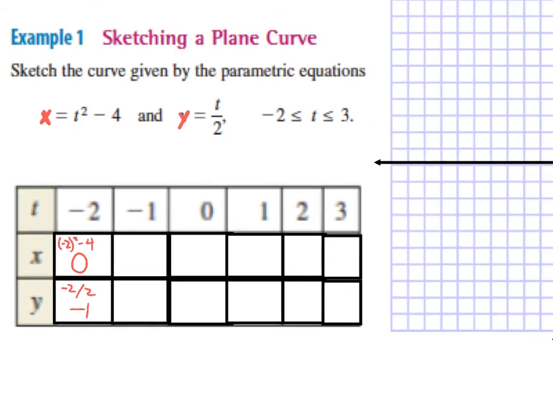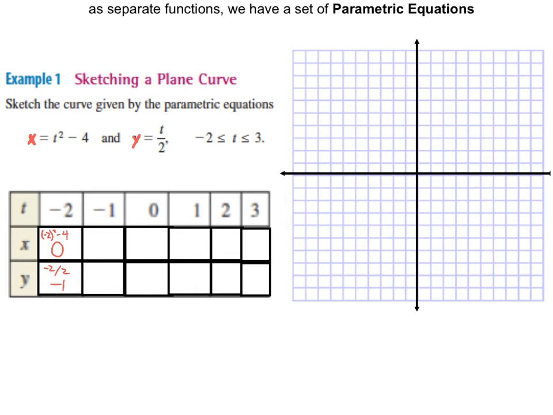So now I have a location at 0, -1. And one of the things we're going to do is label the point with the time, so t equals -2.